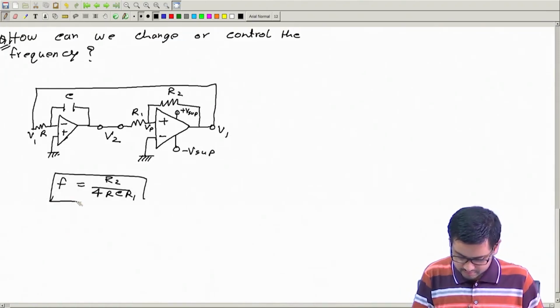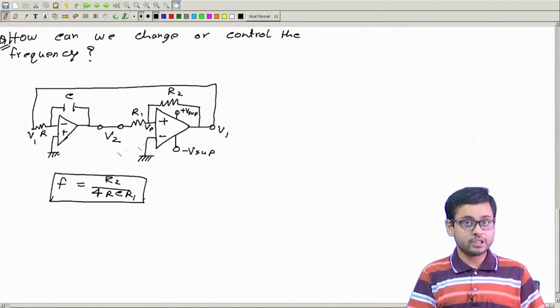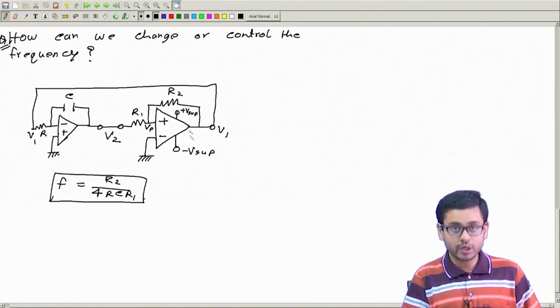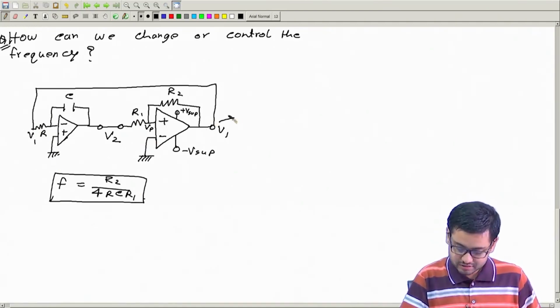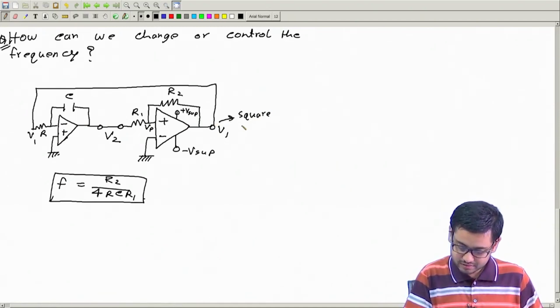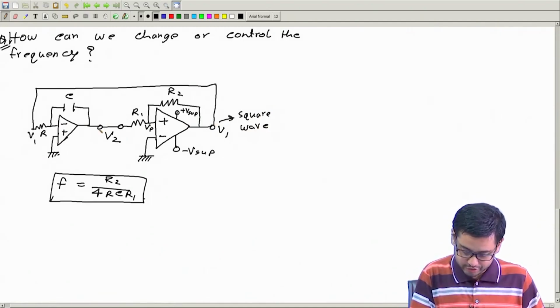Basically this is a function generator. You see, this is actually a function generator, right? It generates two functions, one square wave here and a triangular wave here.